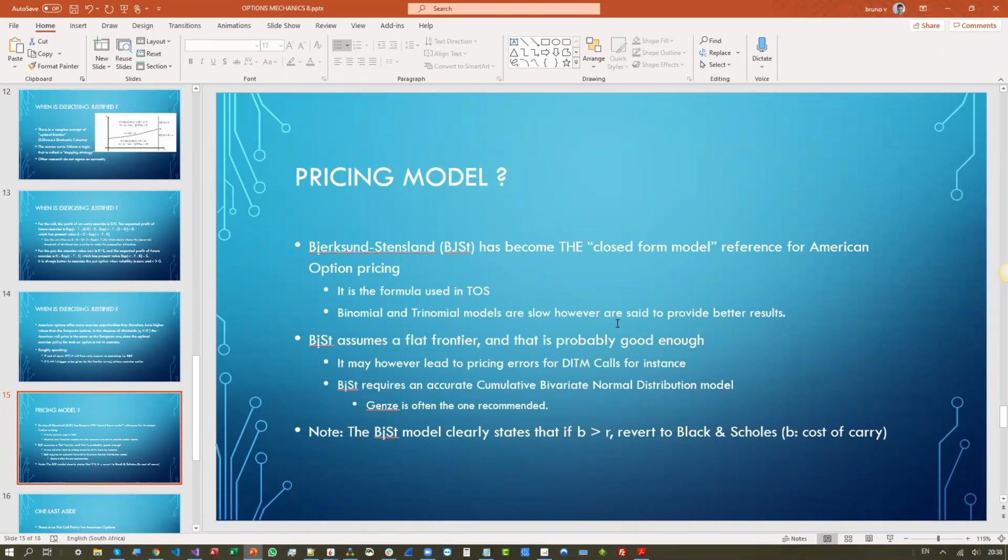One thing is that, like every model, Bjerksund-Stensland assumes a flat frontier. So we don't care whether the efficient frontier that we've seen before is concave or convex; they consider it as being flat across the board. So it can lead to pricing errors.